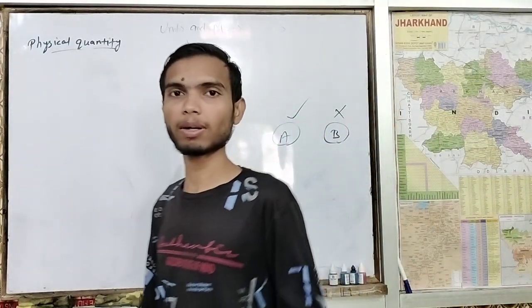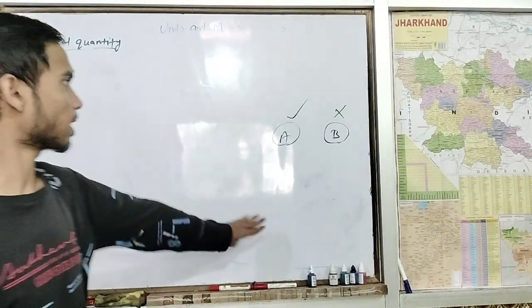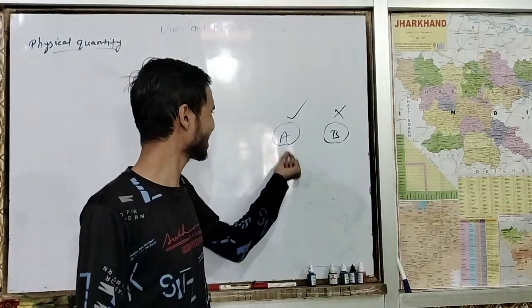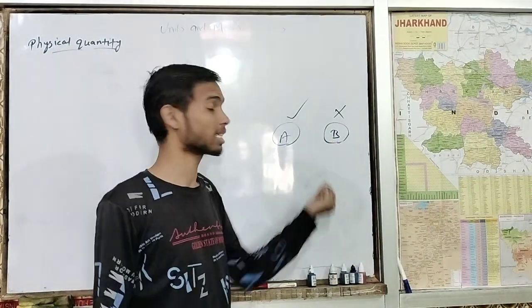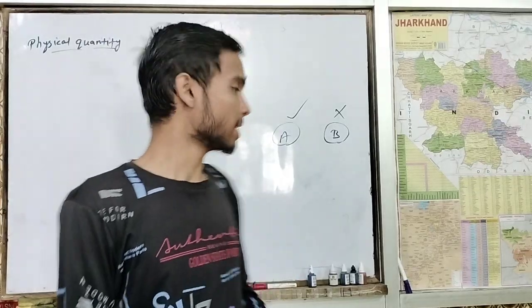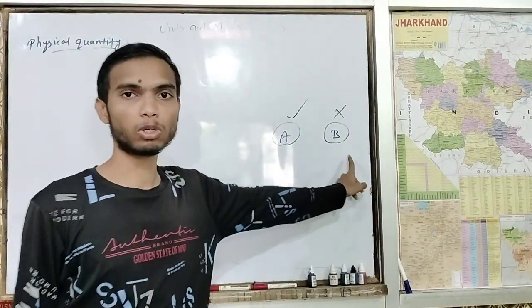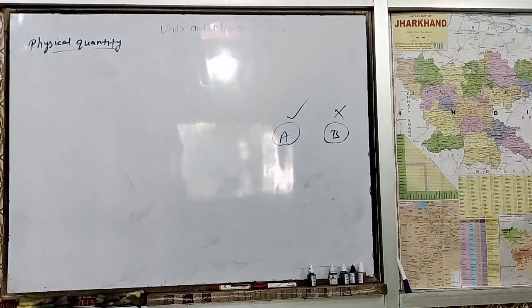With real life examples I will tell you, but right now just assume that this is a physical quantity, and this is another quantity. Here we are able to measure this, but we are not able to measure this. In that case, we will understand the meaning of a physical quantity and an unphysical quantity.